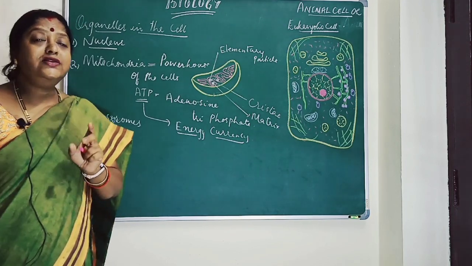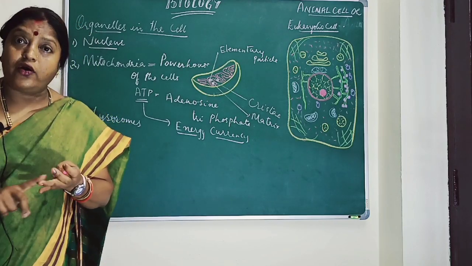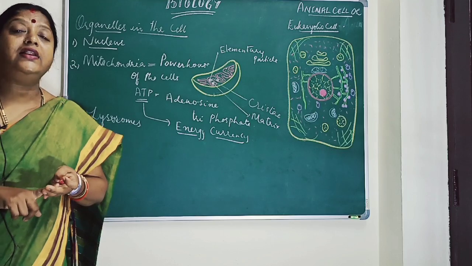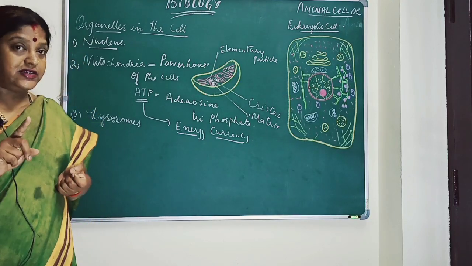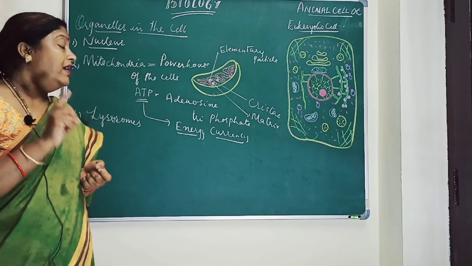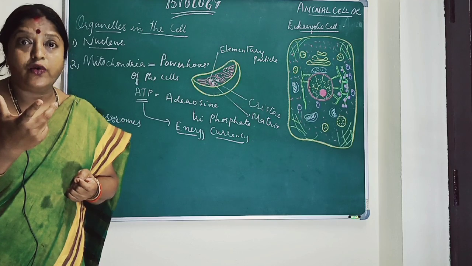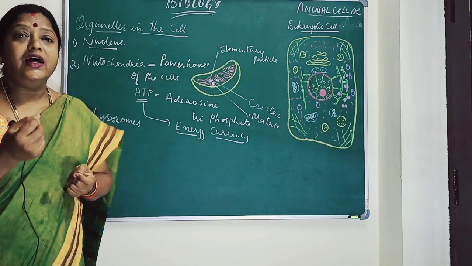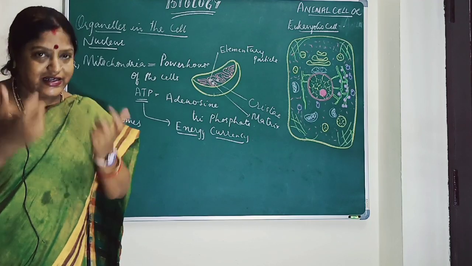It cleans off the worn out tissues, worn out organelles and foreign material that enters the cell. Under diseased condition or any disturbance in the cell, the enzymes from the lysosome come out and destroy its structure.